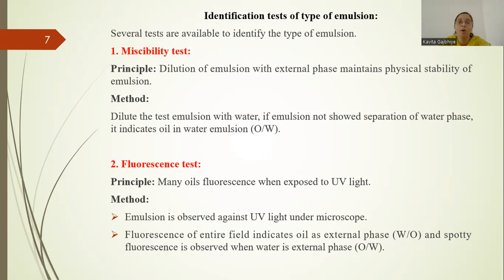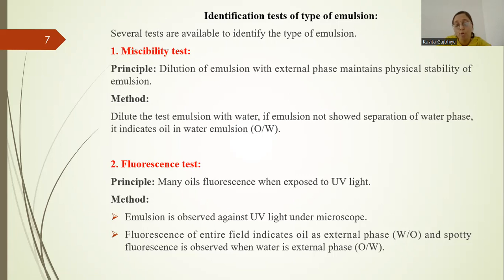The second test for identification of the type of emulsion is the fluorescence test. The principle is that when we compare water and oil, oil fluoresces more than water when we expose the emulsion to UV light. What is its method? The emulsion is observed under UV light under a microscope.